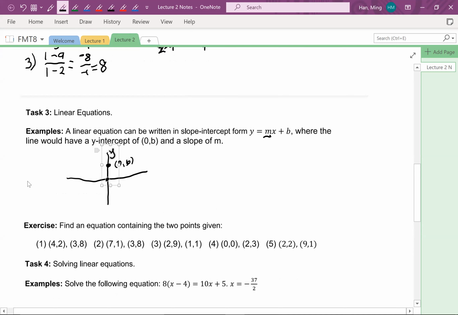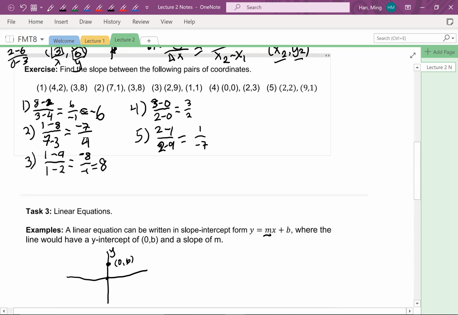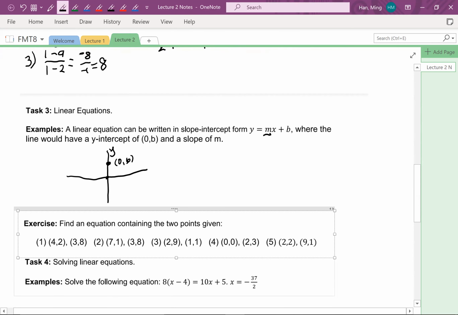So if we have a positive slope, let's take an example from before, 3/2. If we have a slope of 3/2, that means that we would go over 2 and up 3.